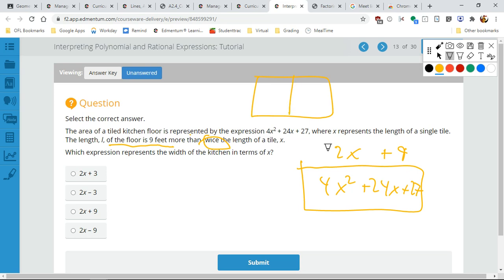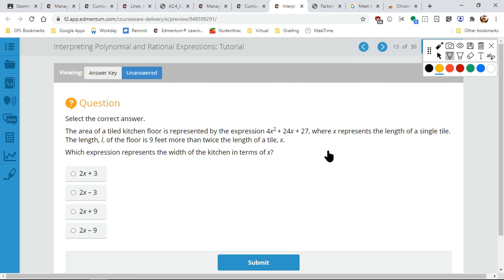And to do this, I'm going to use the box method. So I'm going to be like, okay, this is 4x squared, and this other thing is 27, our last term. Let me use color coding. I like color coding. This is going to be our last term, and this is going to be our reminder.